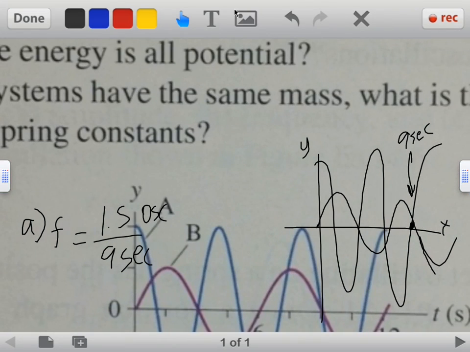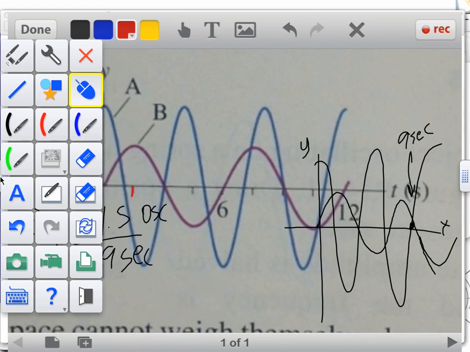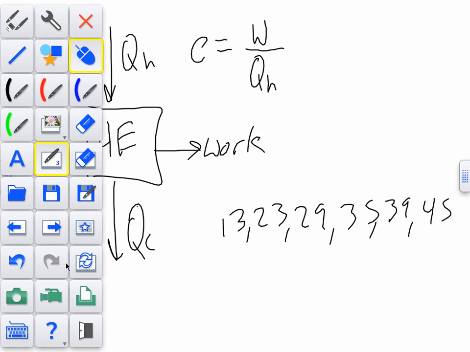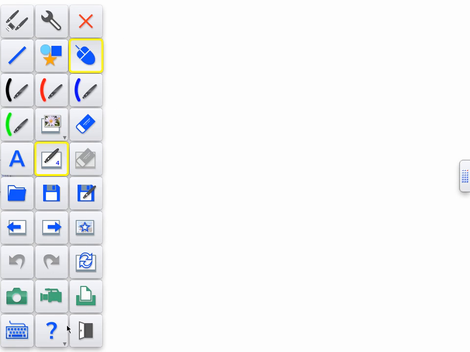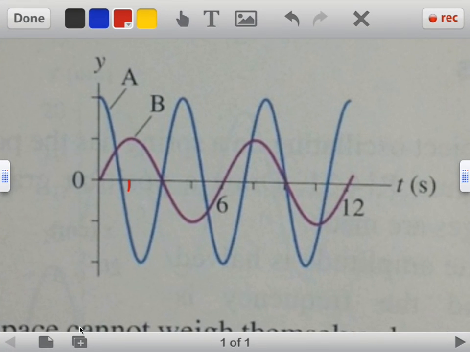Okay, so if I look at this graph, on here it seems to me that there's 1, 2, 3, 4 lines for 6, right? 1, 2, 3, 4 lines for 6.